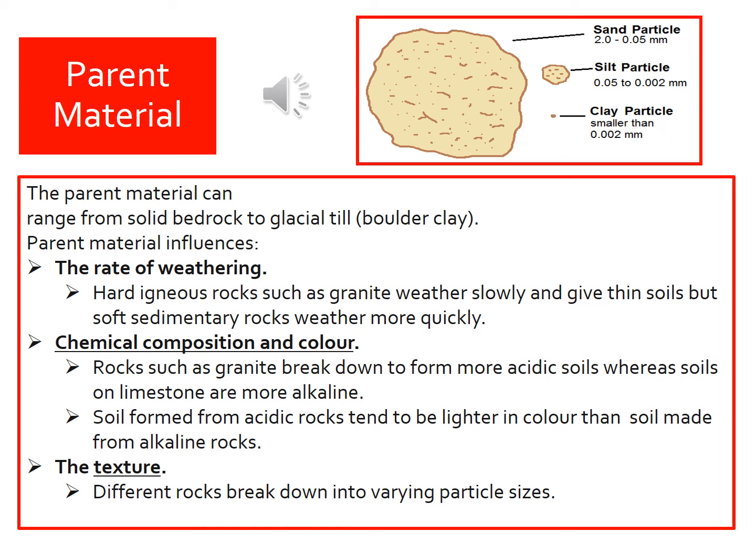So if you've got something like a sandstone, the texture of your soil is going to be much more loose than something that was maybe influenced by a clay. If it's sitting over a clay, that's going to affect other things like drainage. So just be aware of these things, because they influence a lot of what we're going to talk about later.